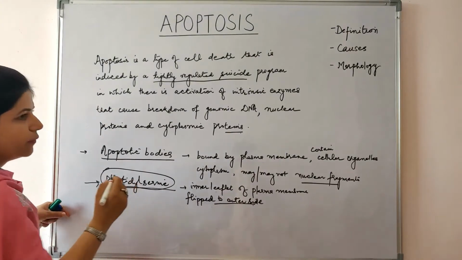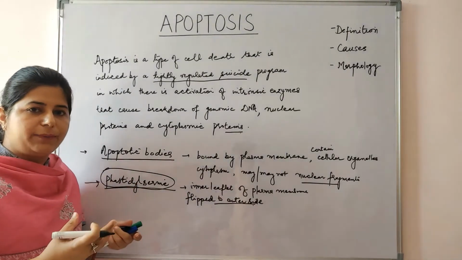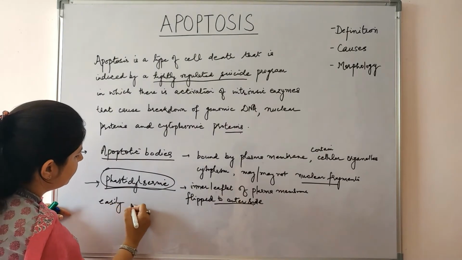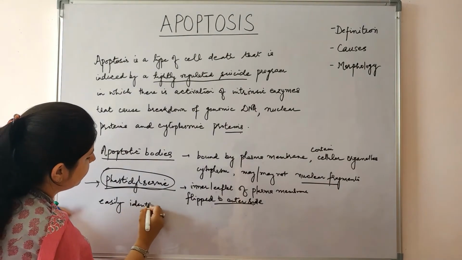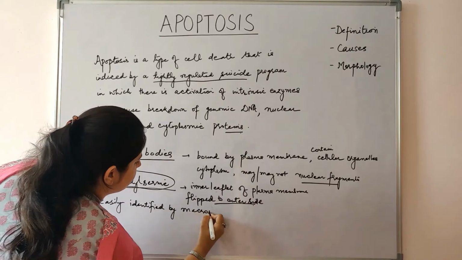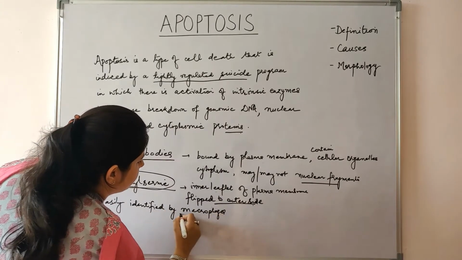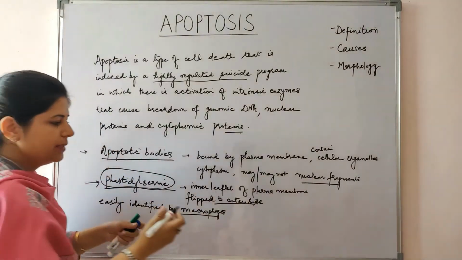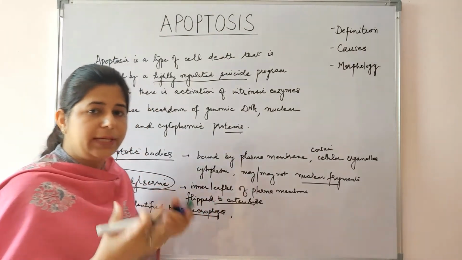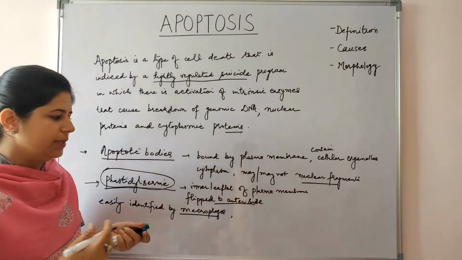So these types of apoptotic fragments are easily recognized or identified by macrophages. They are recognized by macrophages and they come to eat up or clear up these apoptotic bodies.